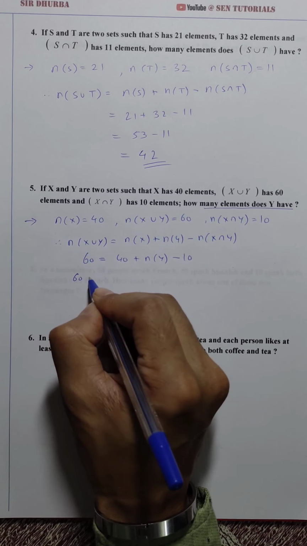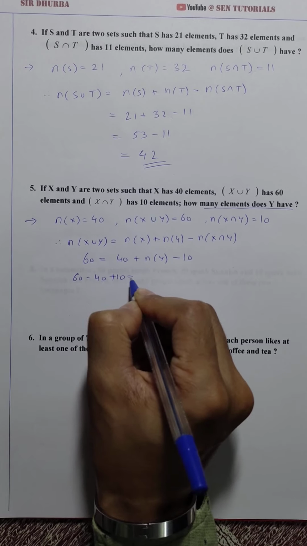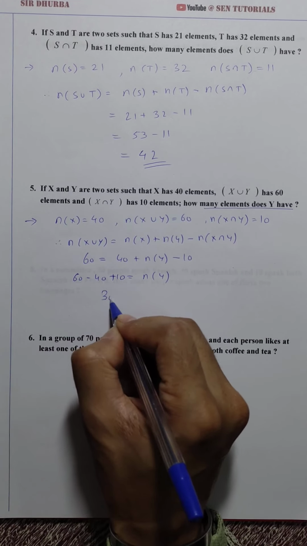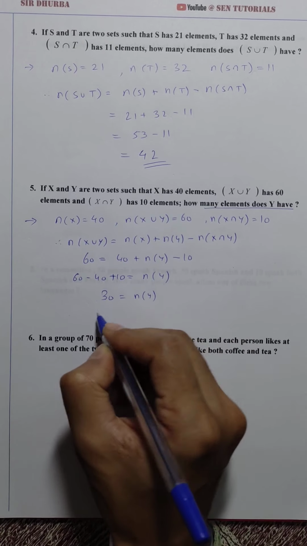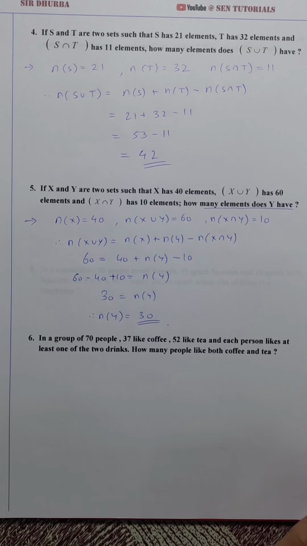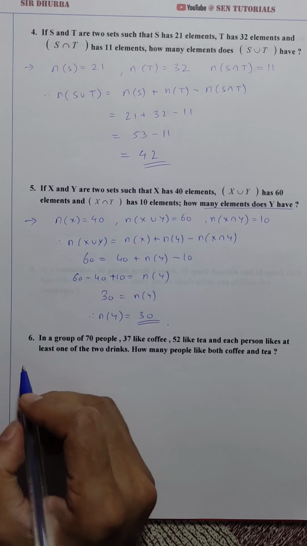So 60 minus 40 plus 10 equals the number of elements in Y. 60 minus 40 is 20, 20 plus 10 is 30. So we have 30 elements in the set Y.